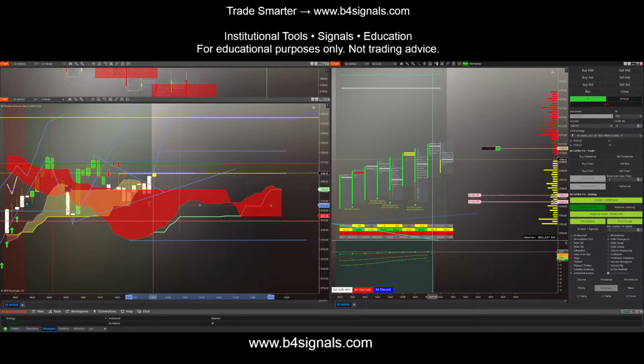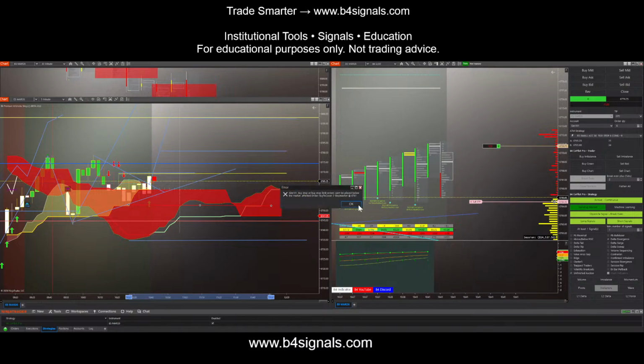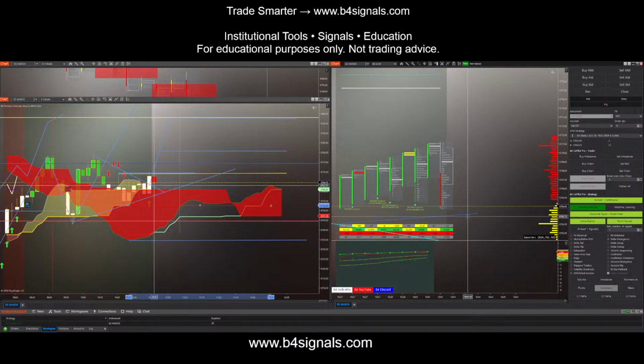But this is right at the cusp of a potential breakout, so order filled. Order filled.